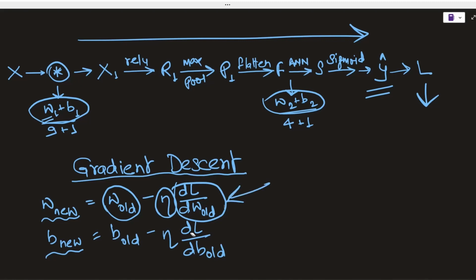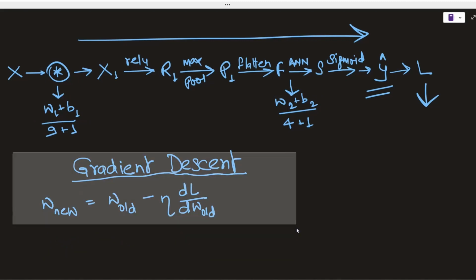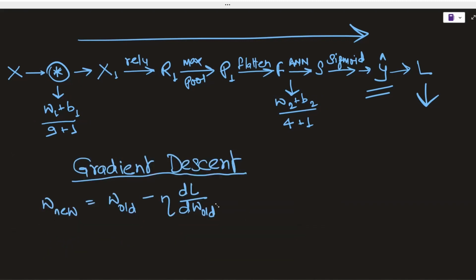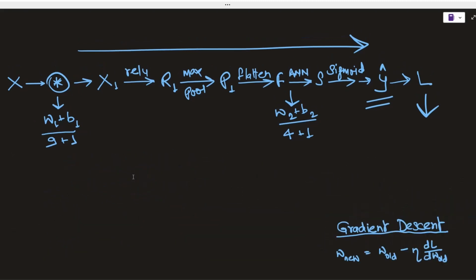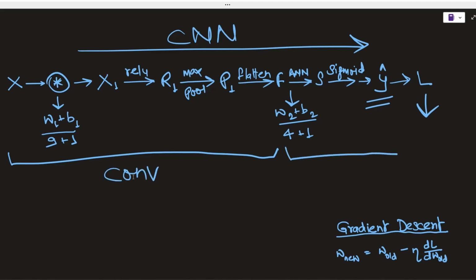Okay, so I will erase these things first and let me bring this entire portion to the side over here. The next thing that we are going to do is this entire CNN architecture. I want you to assume it in two parts. First will be this, the convolutional part, and second will be this, where we have the fully connected neural network.